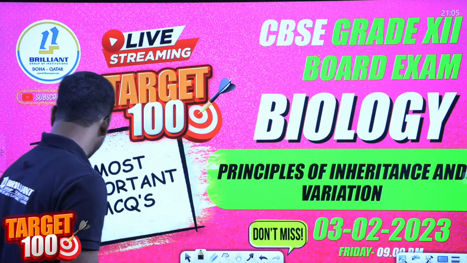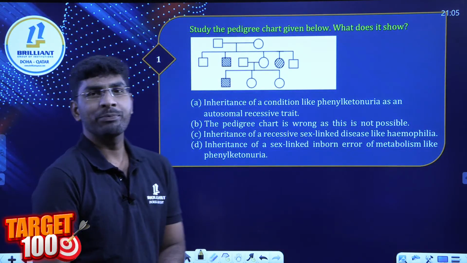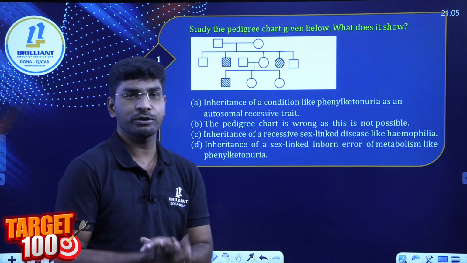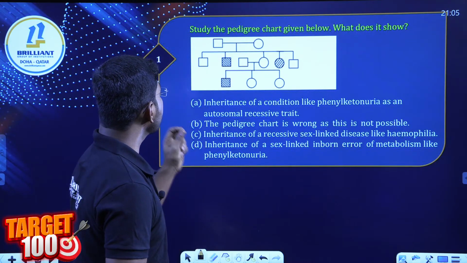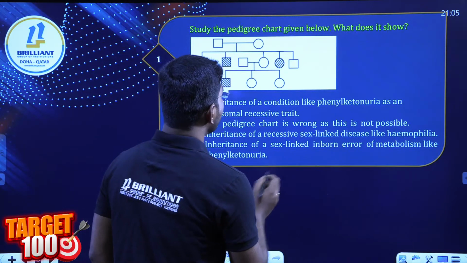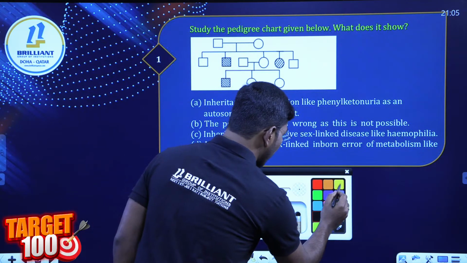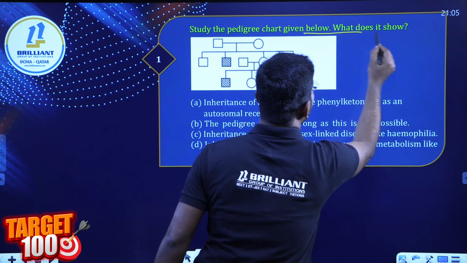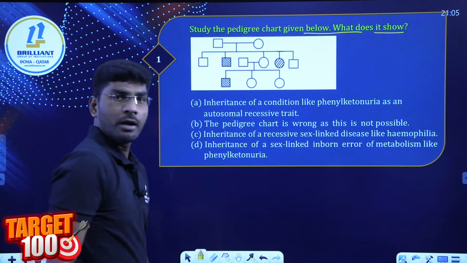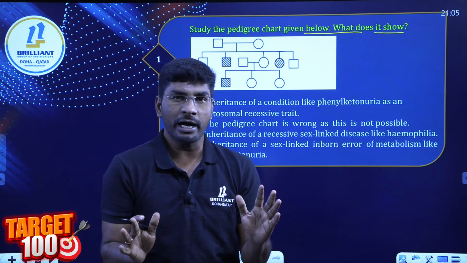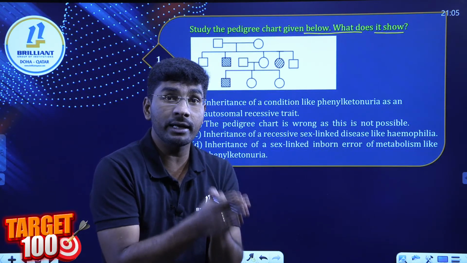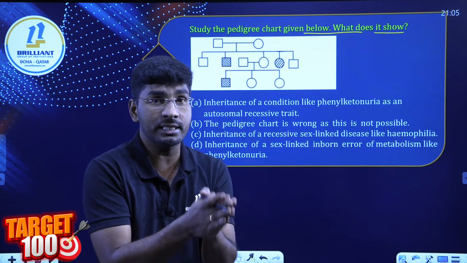Look at the first question. This is a pedigree analysis question. Study the pedigree chart given below. What does it show? My dear students, keep in mind we can expect one pedigree analysis question in the final examination.